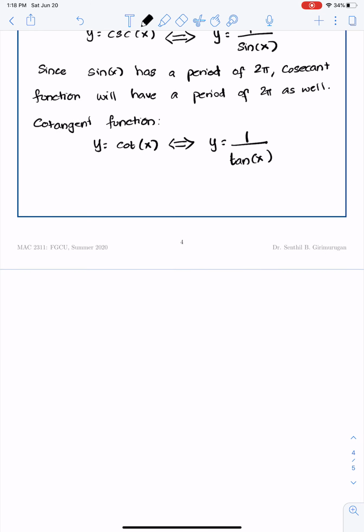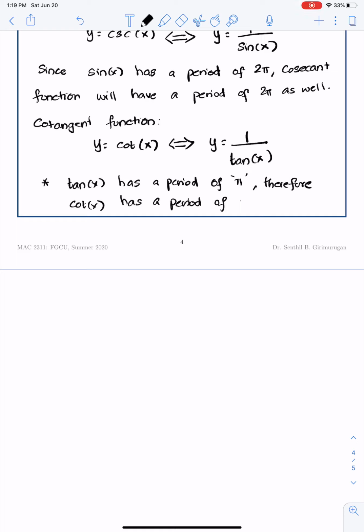Key things to note here: tangent of x has a period of pi, therefore cotangent of x has a period of pi. The tangent function has vertical asymptotes.